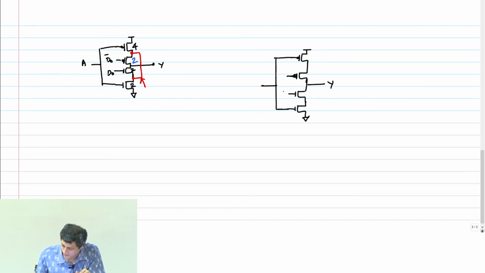No, I need to make this separate. This is my input, enable bar. So now what is the truth table of this circuit? I'll do A, enable and Y: 0 0 0 1 1 0 1 1.